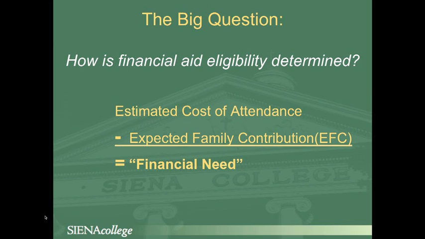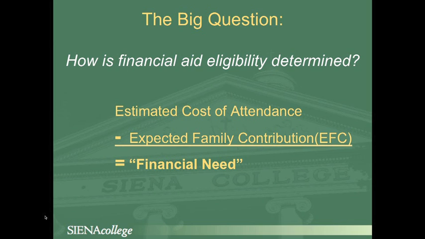Let's take an example of how your level of financial need could be different from one school to another. For example, if School A had an estimated cost of attendance of $30,000 and your expected family contribution from your FAFSA was $10,000, your financial need at School A would be $20,000.